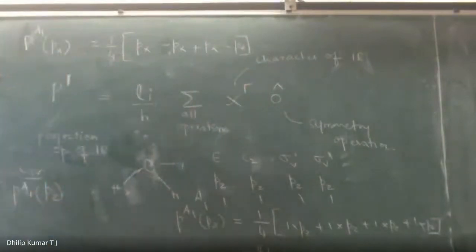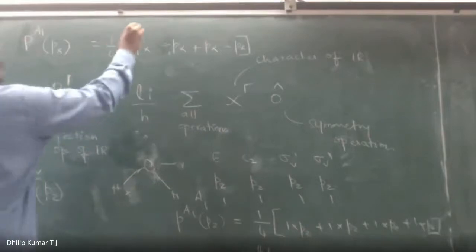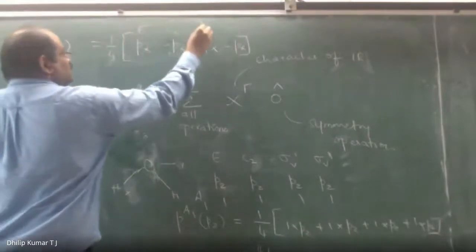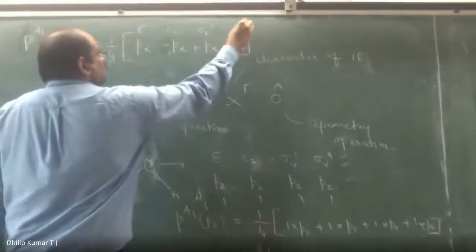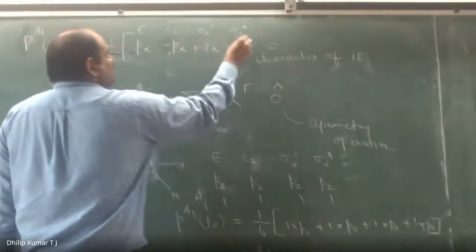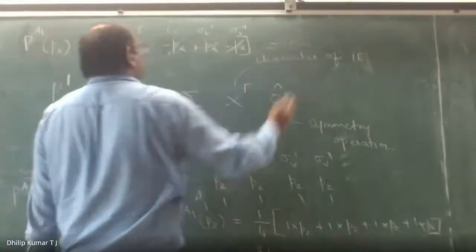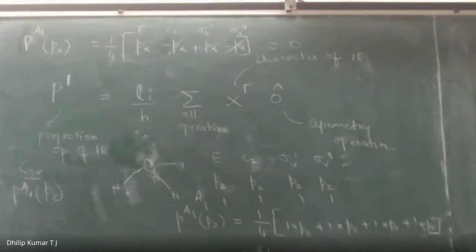Okay, so the orbital projection will be something like this for the various symmetries. This is for E, this is for C2, this is for sigma v, sigma v double prime. So this gets cancelled. This will become 0. So the projection of the px orbital in A1 symmetry gets cancelled out.